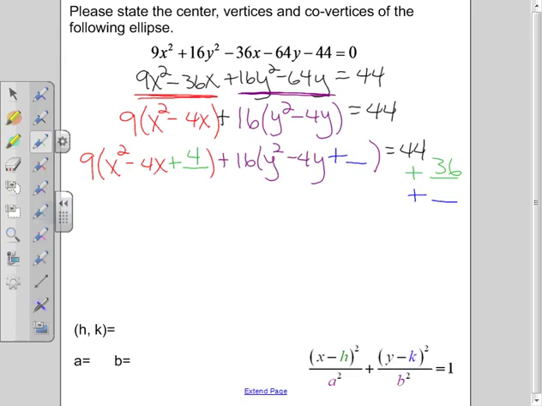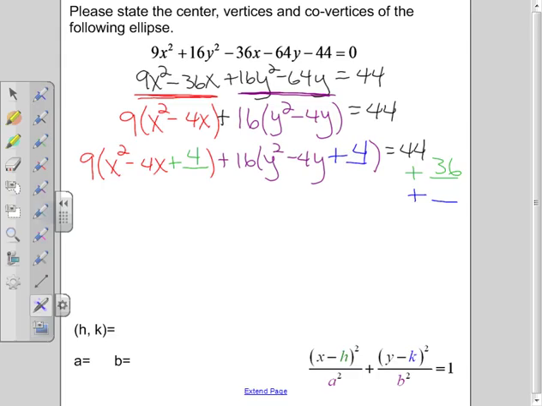Okay, now similarly, what do I add on the blue line? Well, it's going to be the same trick. I'm going to cut this negative 4 in half and then raise that to the second power to find what goes on the blue line. That is just the trick that does it. It creates a perfect square trinomial. So when I cut the negative 4 in half, I get negative 2 again, and then when I square that, I'm going to get 4.